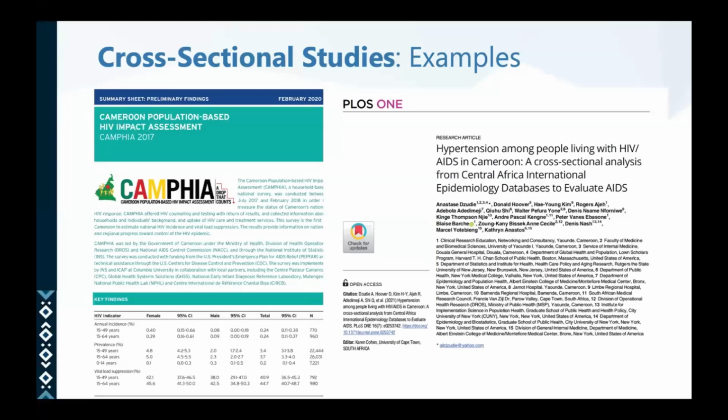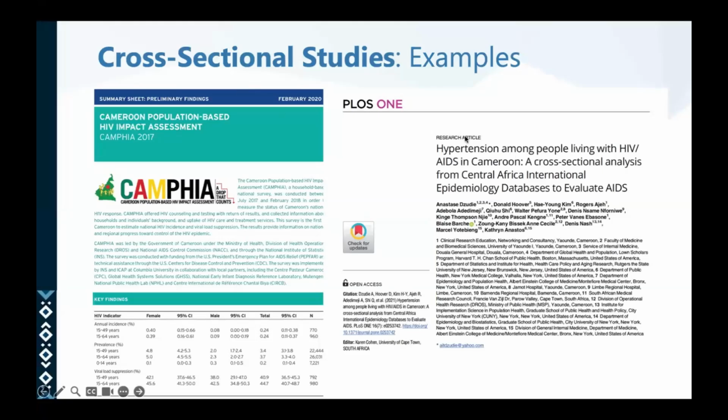Our last CAMPHIA, CAMPHIA 2017, provided us with baseline details for giving the epidemiological picture of HIV in Cameroon. And currently the second CAMPHIA, CAMPHIA 2024, is ongoing, and we hope to see how the picture of HIV in Cameroon looks now.